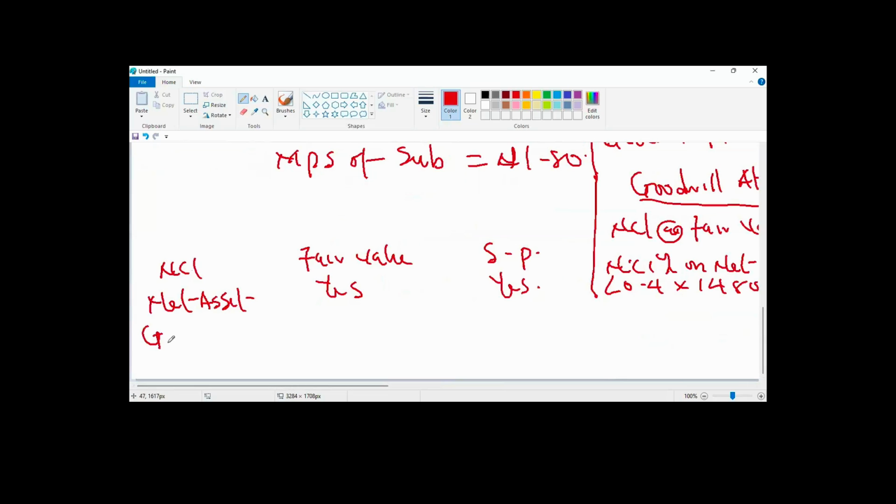Goodwill? Yes. No. The difference between fair value and share proportionate is goodwill. In share proportionate, no goodwill is attributed to NCI. That is what we are saying.